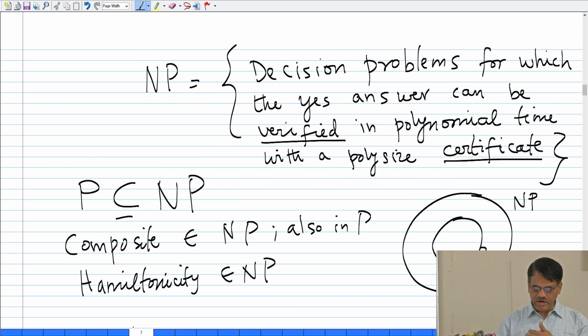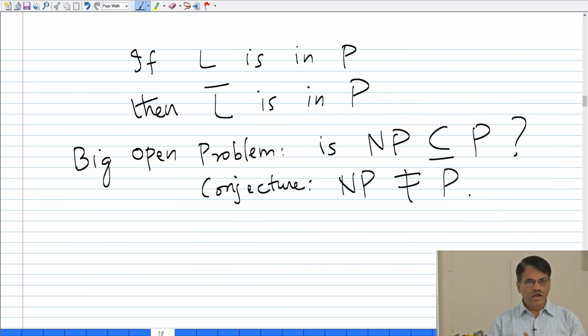But wait, I already told you this, right. Hamiltonicity problem, is the graph Hamiltonian, has an easy verification algorithm and it does not have a polynomial time algorithm. So, isn't that an example to prove that you have a problem in NP which is not in P? So, why is this a conjecture then?